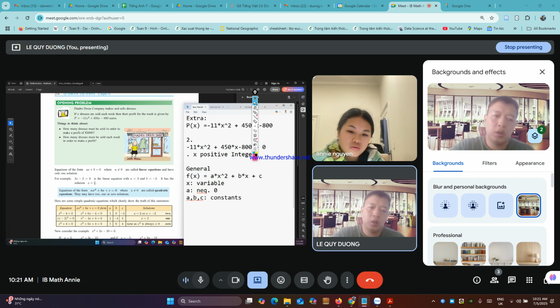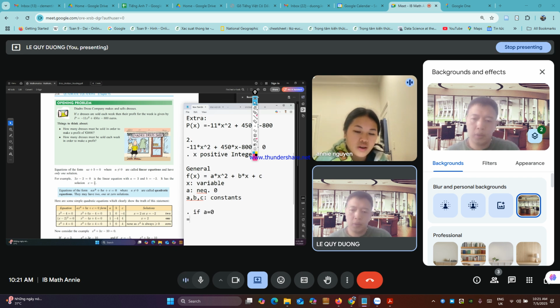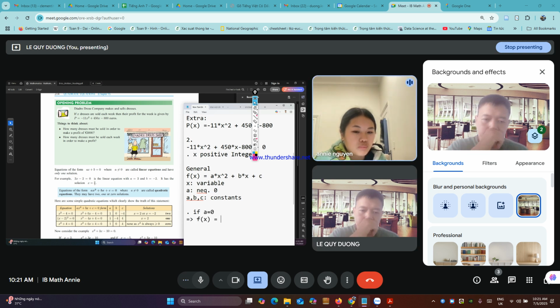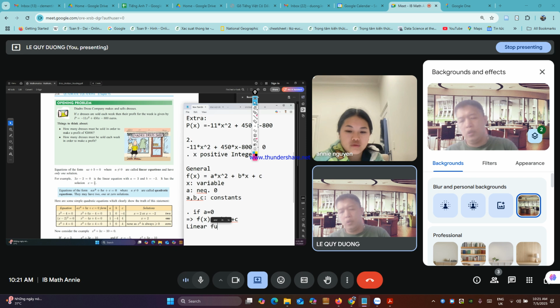The function is with respect to x only, right? And if a equals zero, then we have f(x) equal to bx plus c, which is called a linear function.